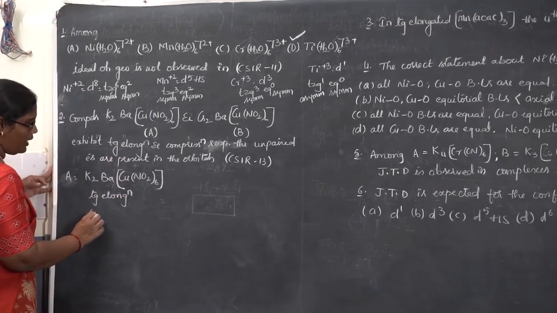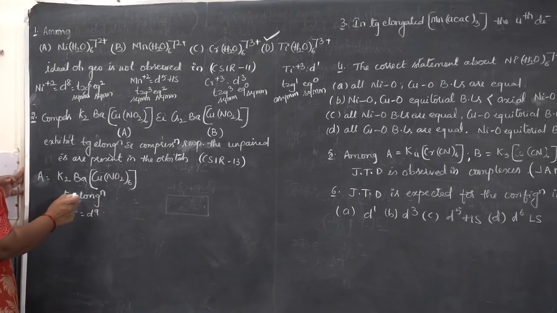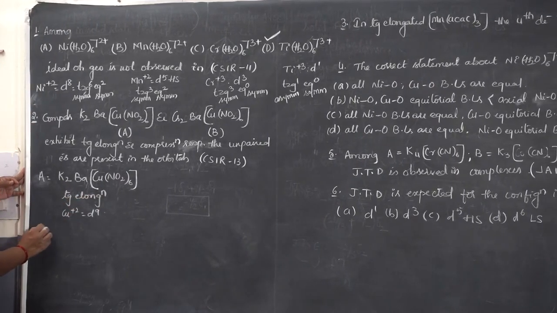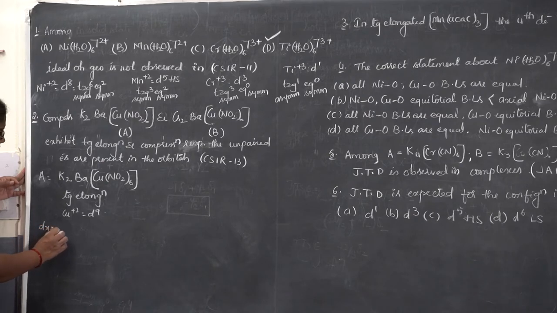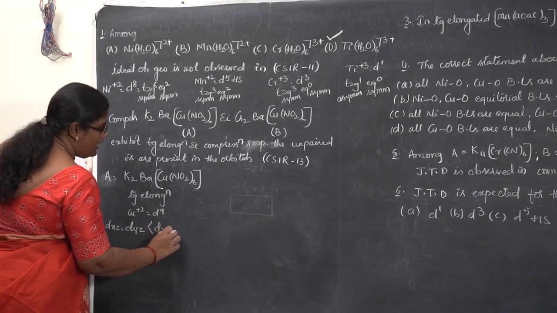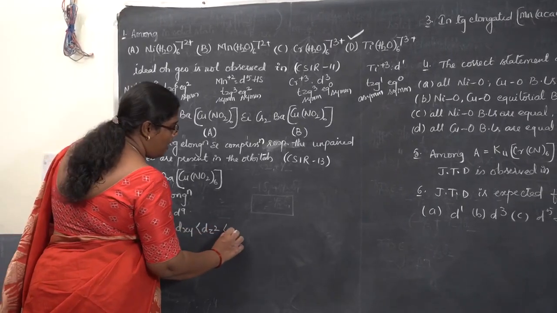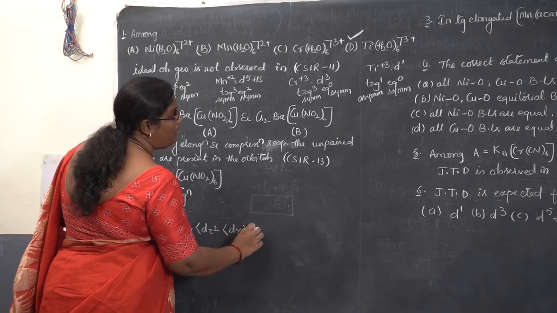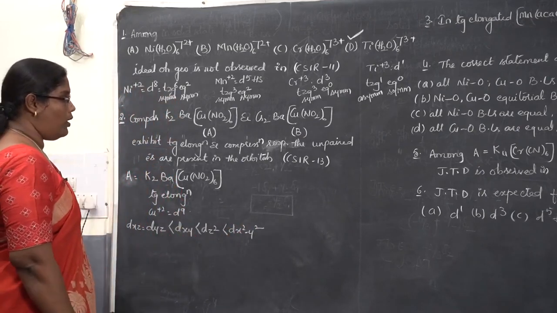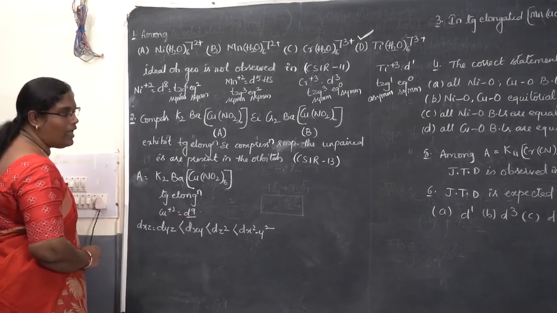So Cu plus 2, it is a d9 system. And in elongation, what is the order of energies of orbitals? That is dxz equals dyz less than dxy less than dz square less than dx square minus y square in tetragonal elongation. So you have to write the configuration for 9 electrons.